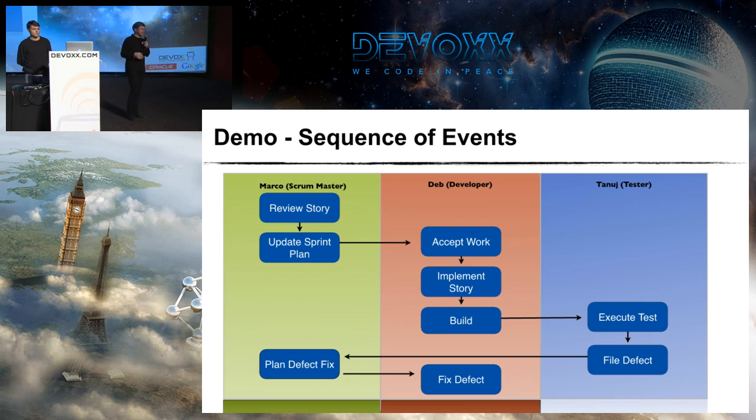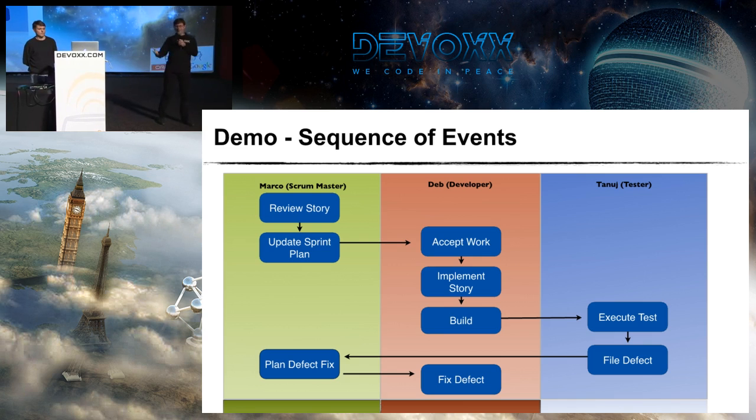I get a new story that is coming into my backlog, and the first thing I'm going to do is investigate what the story is about, what I really need to do, and then I will update the planning so that a developer can then start to do the work. Then Sebastian will play the role of the developer.